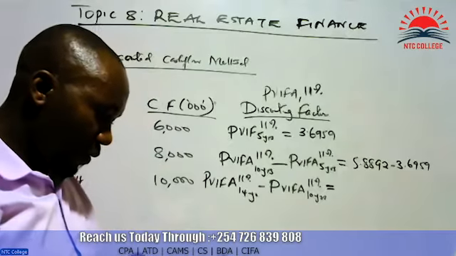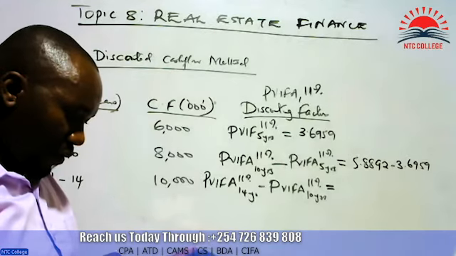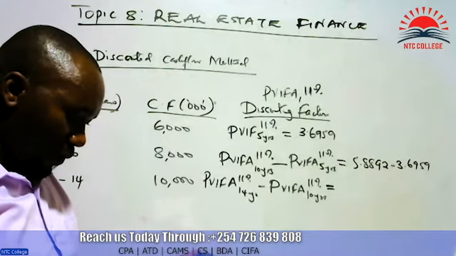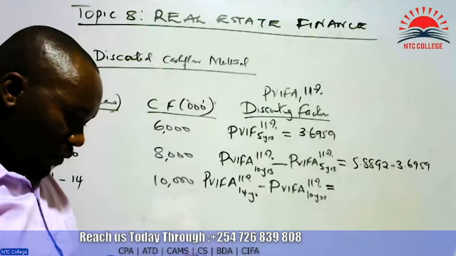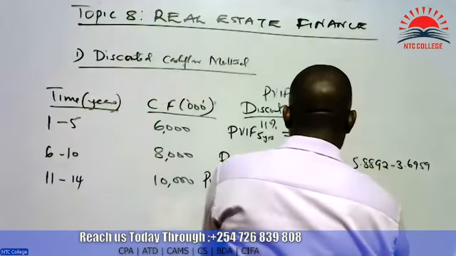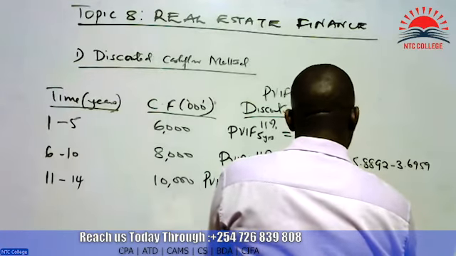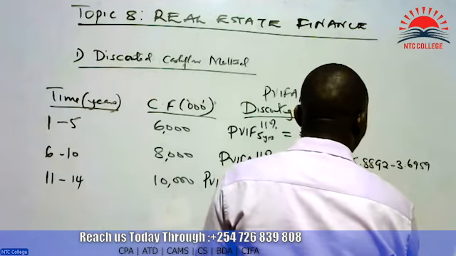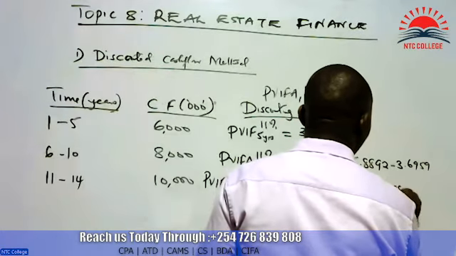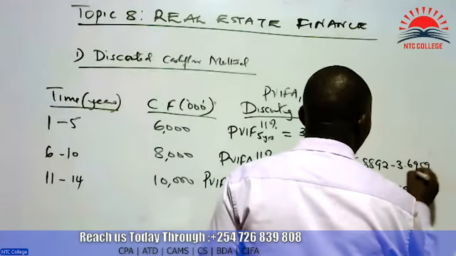So it is 1.11 raised to negative 14, then 1 minus the answer, divided by 0.11. So we have 6.9819, minus now 5.8892. So what are you getting?